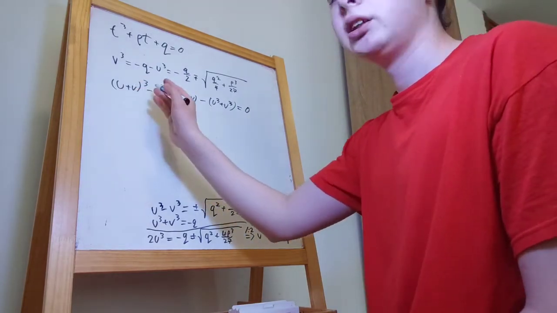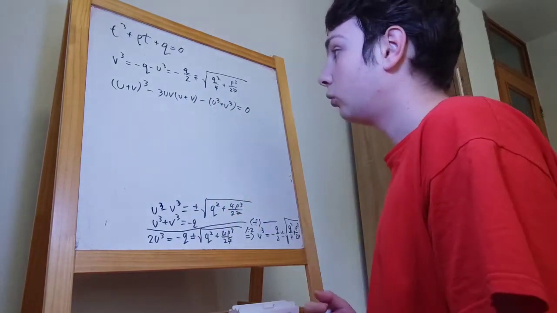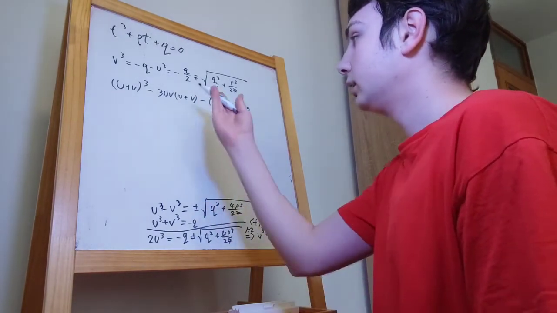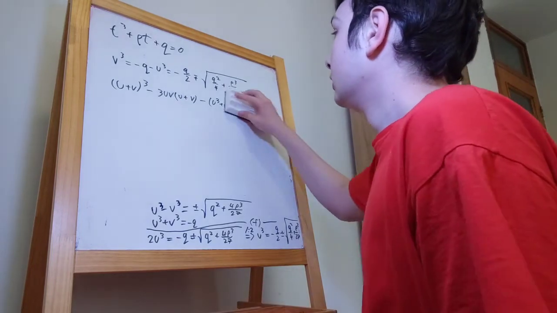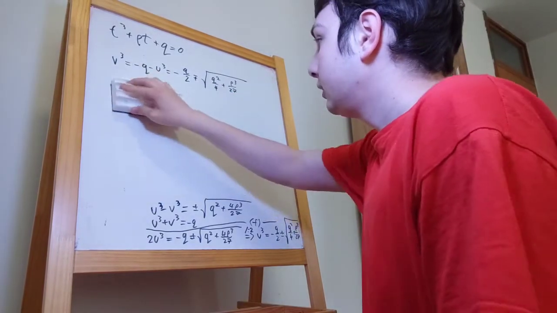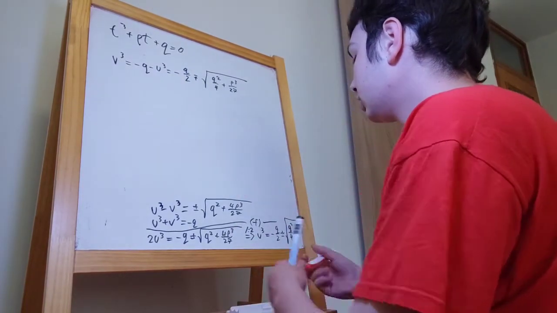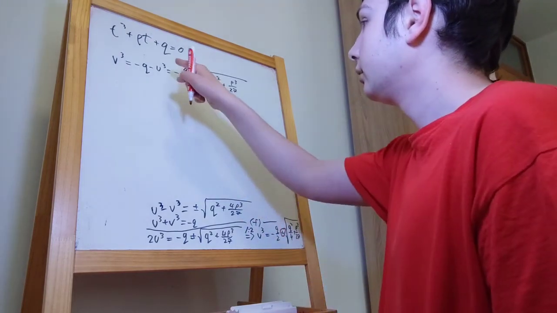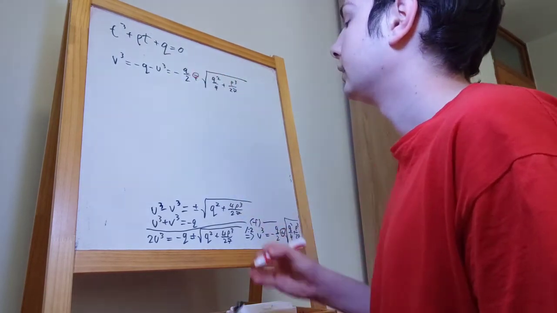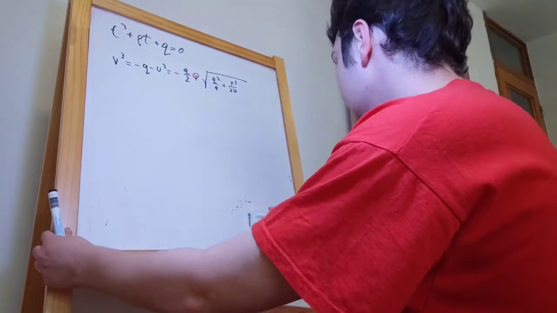Notice how interchanging u and v would not yield us any different result. So what we can ultimately do is choose u cubed to have a plus right here and v cubed to have a minus right here. Alright, I just delete this.